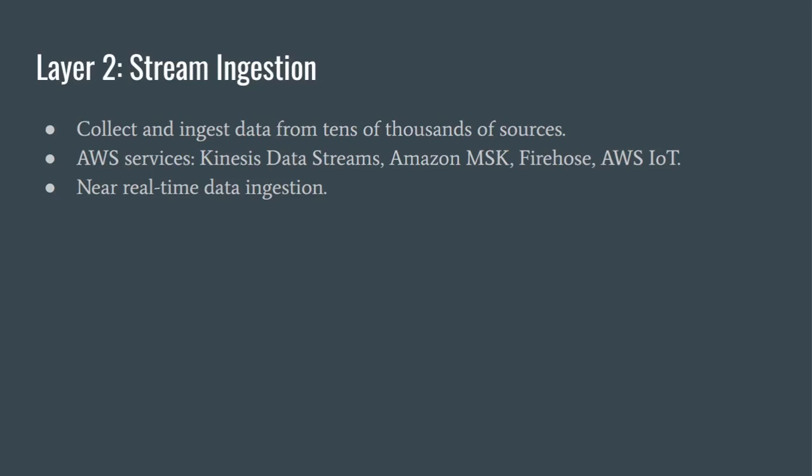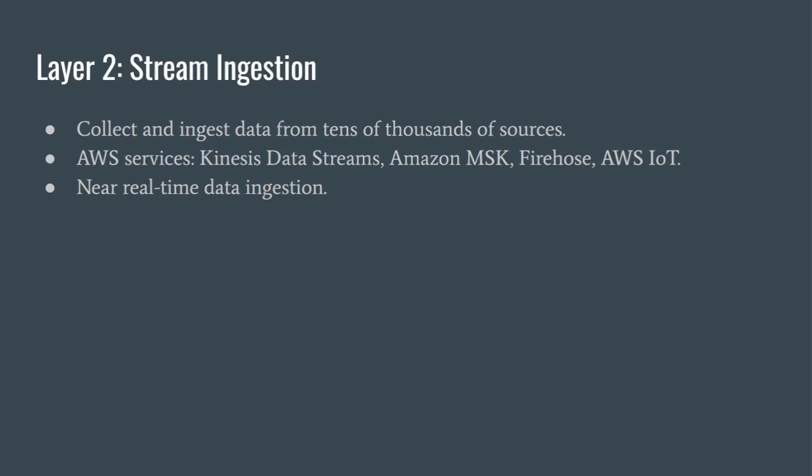The stream ingestion layer is responsible for collecting data from your sources and feeding it into your system in near real time. On AWS, there are several services to consider. First, Amazon Kinesis Data Streams for high throughput data ingestion from a variety of sources. Second, there is Amazon Managed Streaming for Apache Kafka (MSK) for Kafka-based workloads.